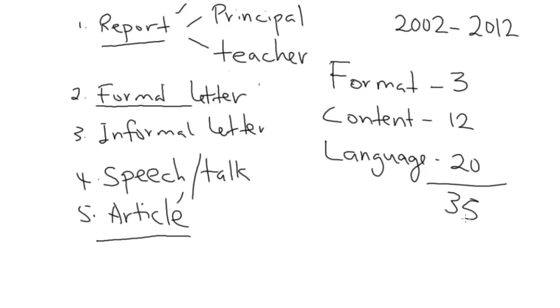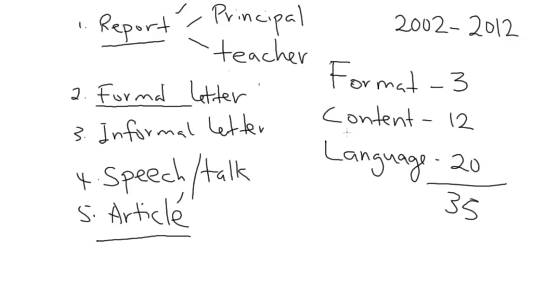Content, for the past, I think 10 years or so, they will give you all the content points. If 12 content points are given, all you need to do is write out the content points. Sometimes they just string all the content points in one paragraph and they can get the full content marks.